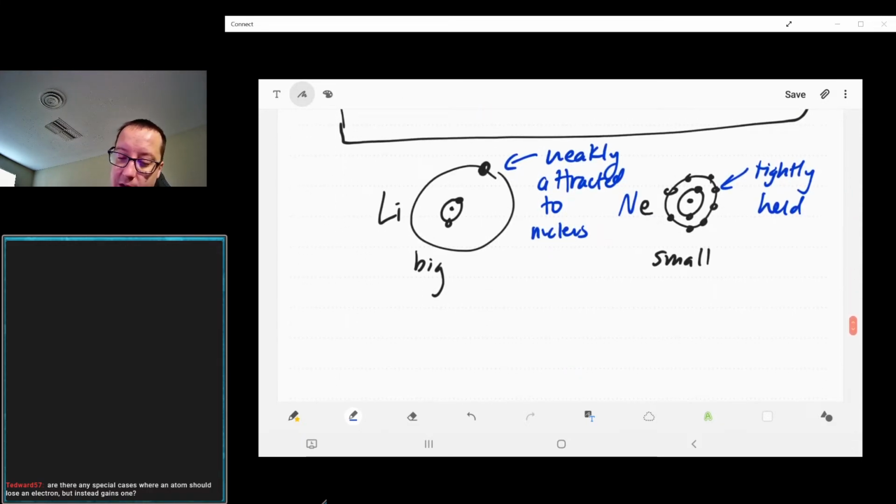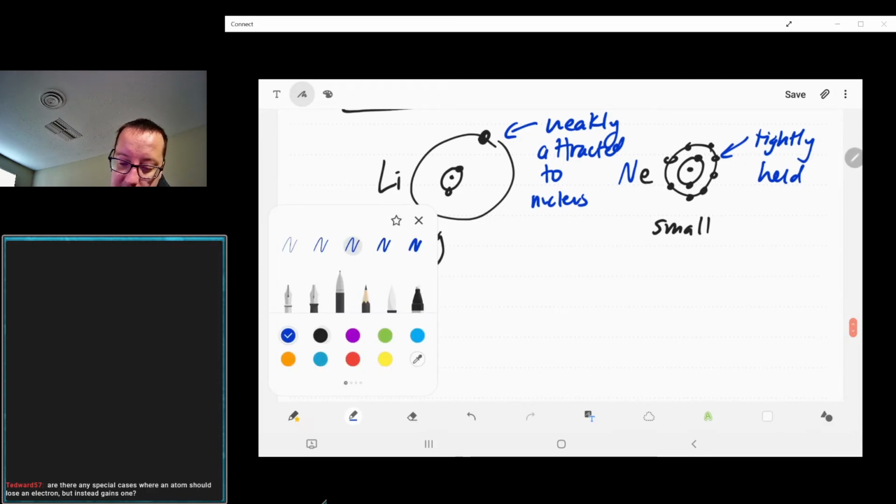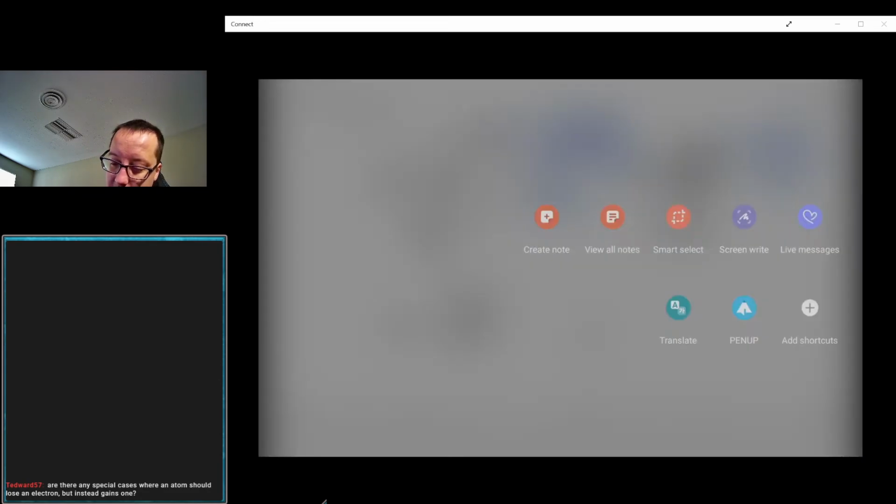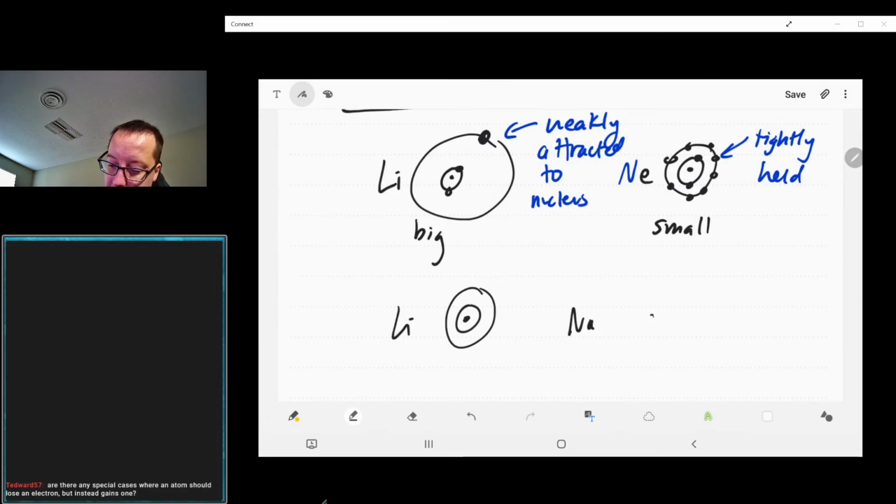And if we compare our lithium versus sodium, for example, we're going to see that the one in sodium is further away from the nucleus.